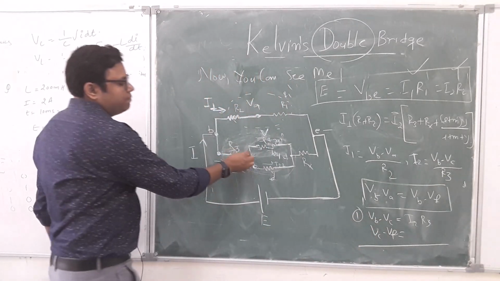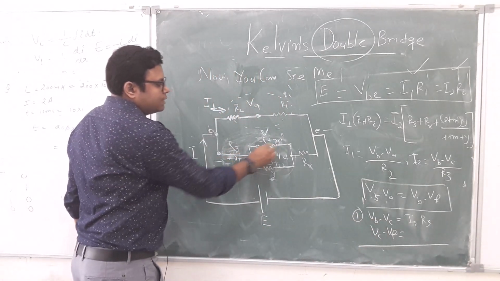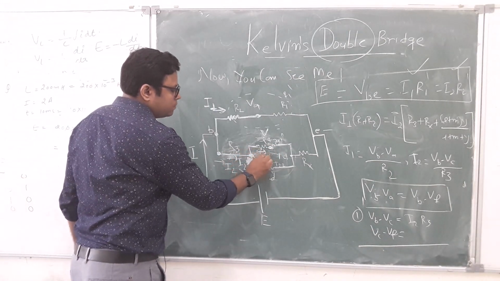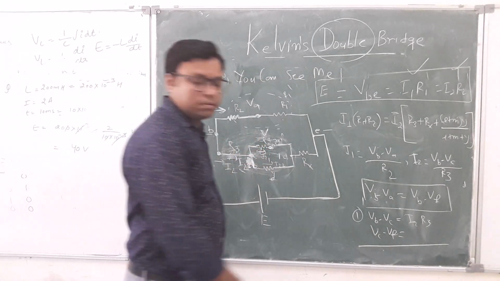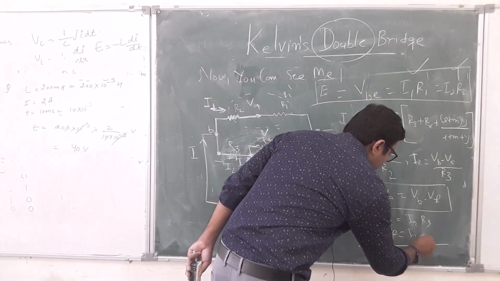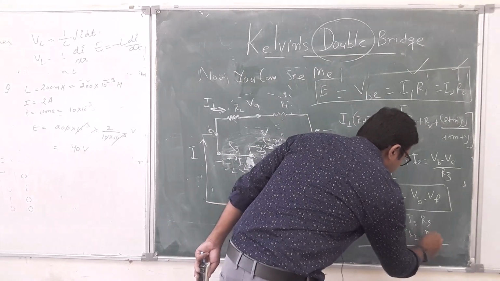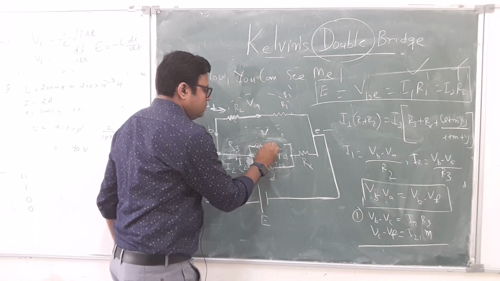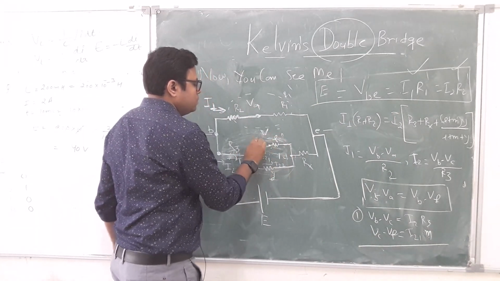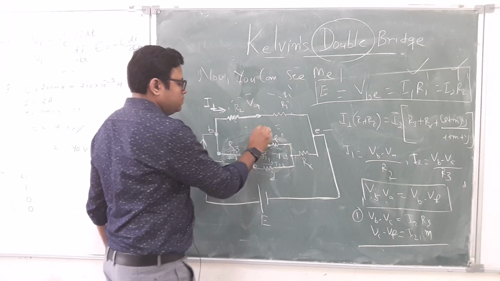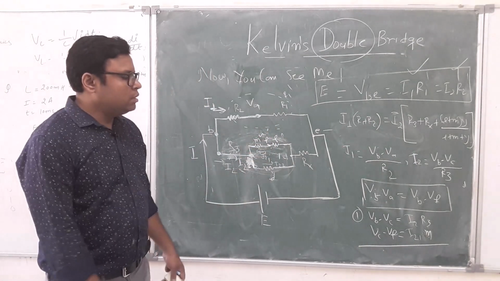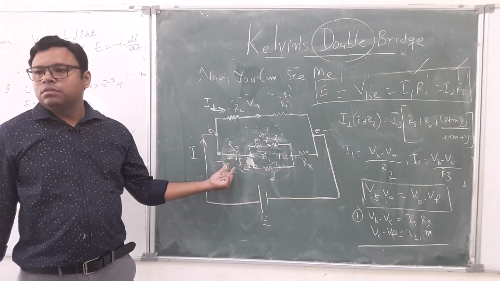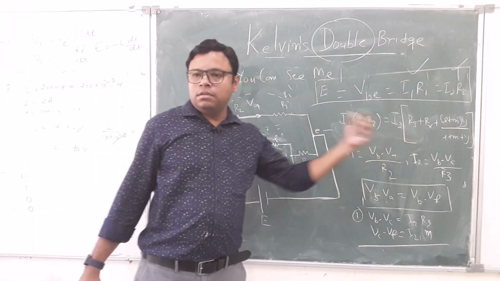So VC minus VF, this point minus this, will be I21 into L, M, F. So that will be M into I21. And if I express I21 in terms of I2, I can replace it here with I2.